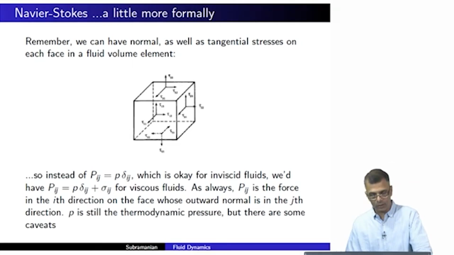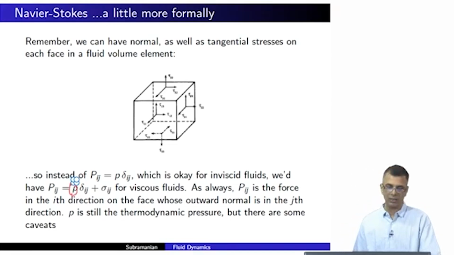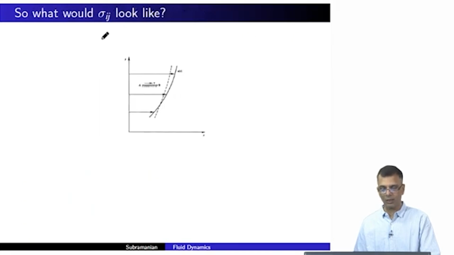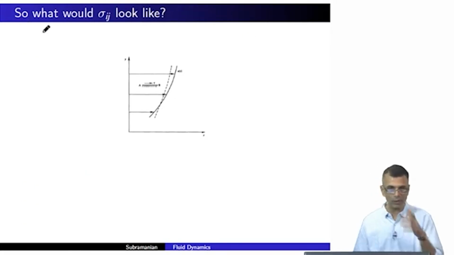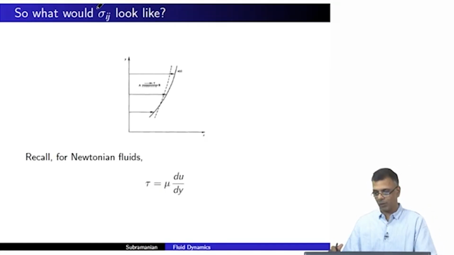So p is this quantity, this small p that we wrote down. This one is still the thermodynamic pressure, but there are some caveats. So the question now is, what would sigma ij look like? What would the shear stresses look like? We've written it down formally, but what would it look like? Again, we go back to our definition of Newtonian fluids.